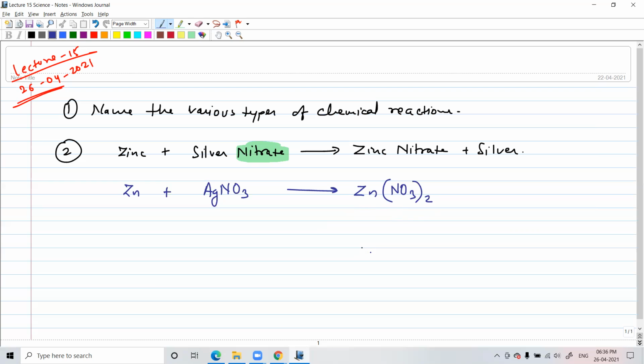Sir, then this side also zinc should have 2, no, sir? We studied about that now. Different compounds are formed by different numbers of atoms. Like in water, 2 atoms of hydrogen combine with 1 atom of oxygen. But one single atom of carbon combines with 2 atoms of oxygen.